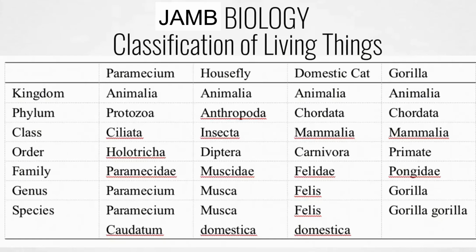The domestic cat belongs to the genus Felis, and gorilla belongs to the genus Gorilla. Finally, for the species, paramecium belongs to the species Paramecium caudatum. Housefly belongs to the species Musca domestica, domestic cat belongs to the species Felis domesticus, and gorilla belongs to the species Gorilla gorilla.